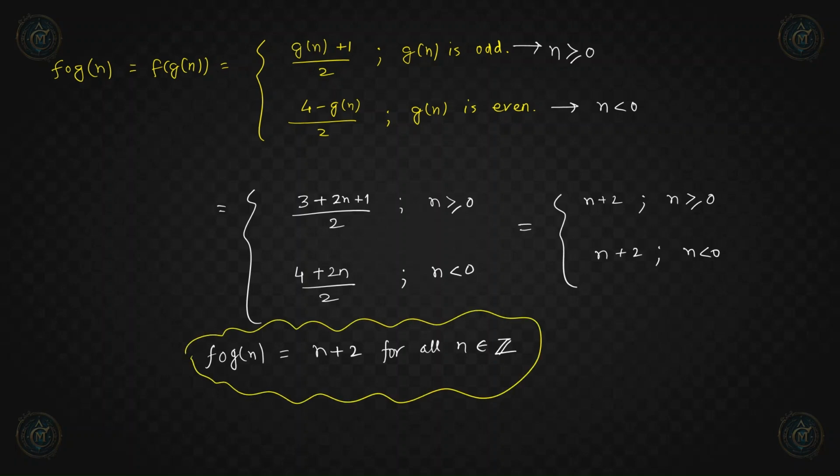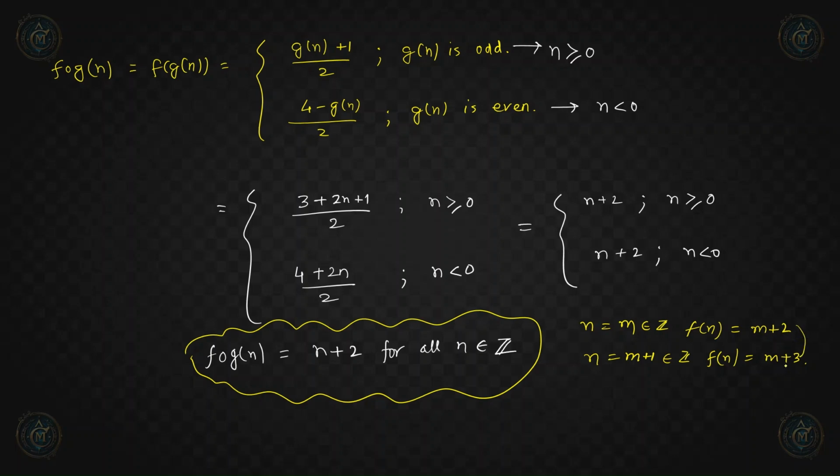So we can say that this function will definitely be an onto function. Because for example, if we put n equal to some integer m, this will give f of g of n equal to m plus 2. And for n equal to m plus 1, which is the next integer above this, we have m plus 3, just the next integer after m plus 2.